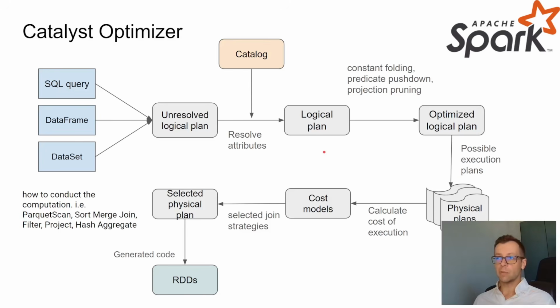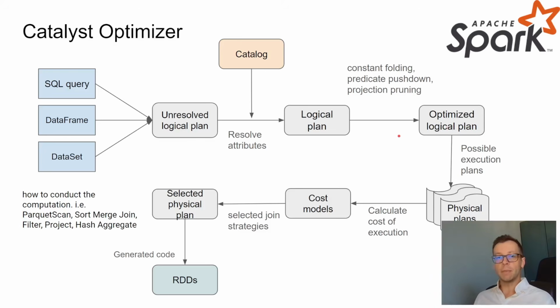Then the Catalyst optimizer does a couple of things for us, like constant folding. So if we have some constant in the code, it will replace it with the values, or predicate pushdown or projection pruning, meaning pushing filters and selects as early as possible to minimize the volume of data being read, and it generates an optimized logical plan.